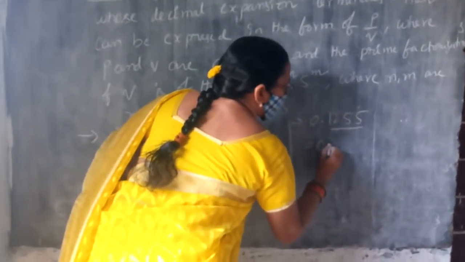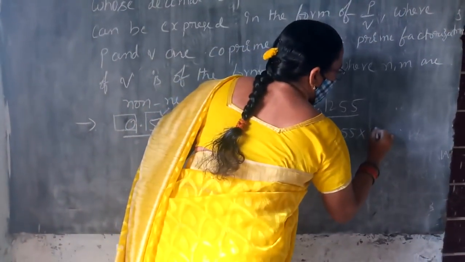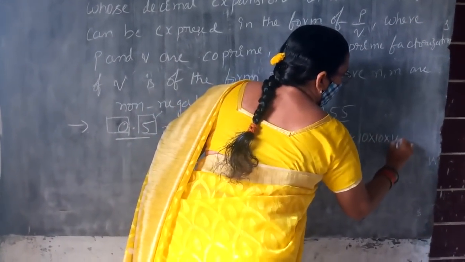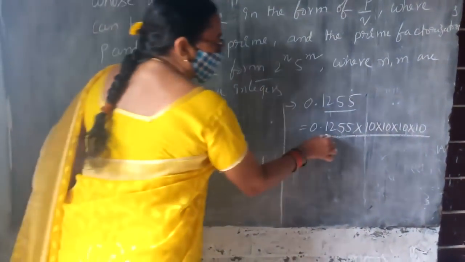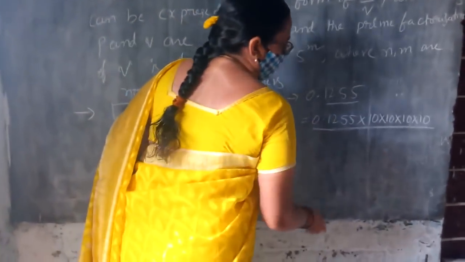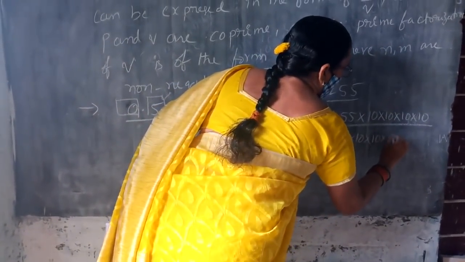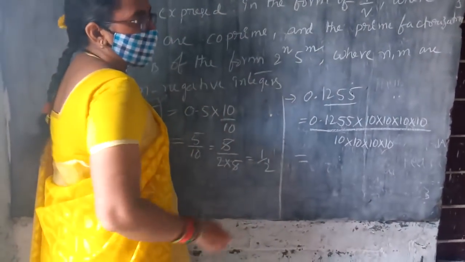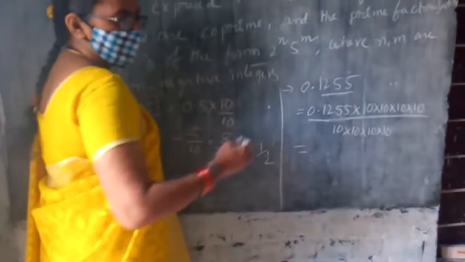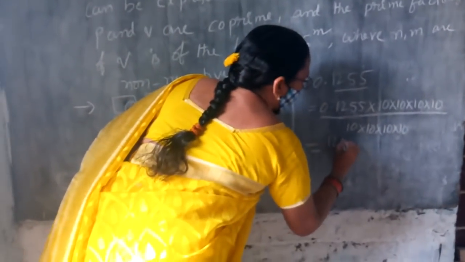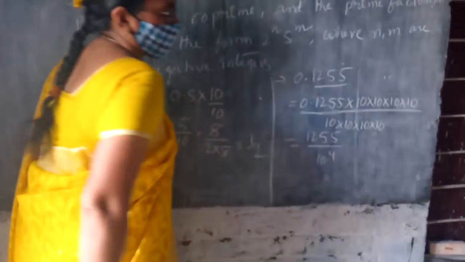We multiply both numerator and denominator by 10 power 4. The decimal point moves 4 digits from left to right. Then 1255 by 10 power 4.